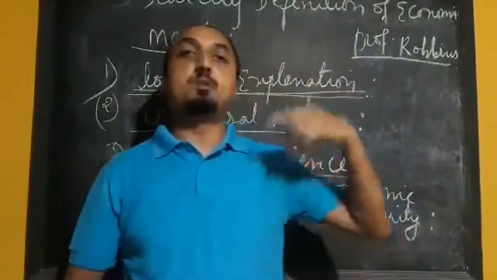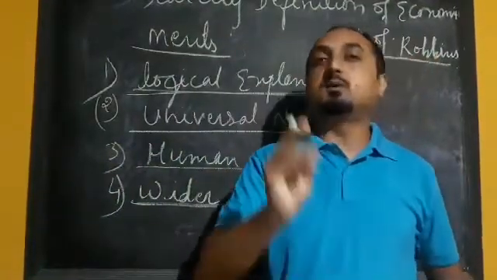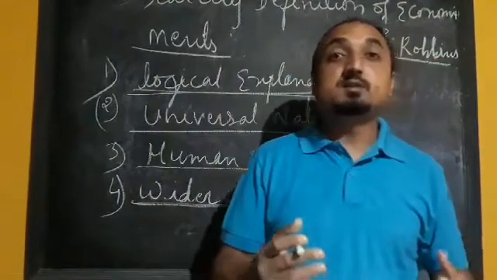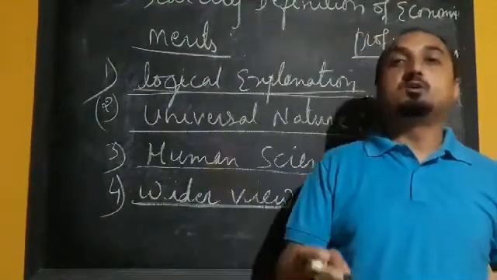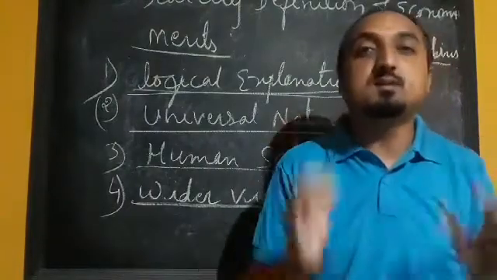As we have seen in the previous definition of Adam Smith and the welfare definition given by Alfred Marshall, the services provided by teachers, lawyers, doctors, etc. were excluded from economic activities.